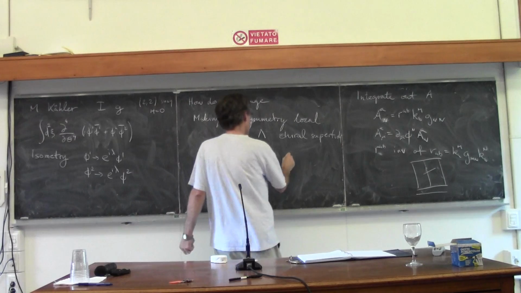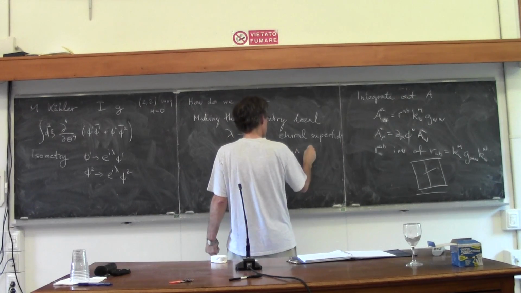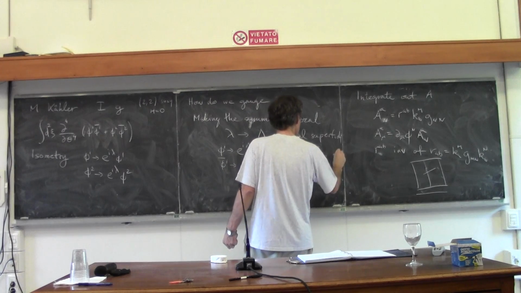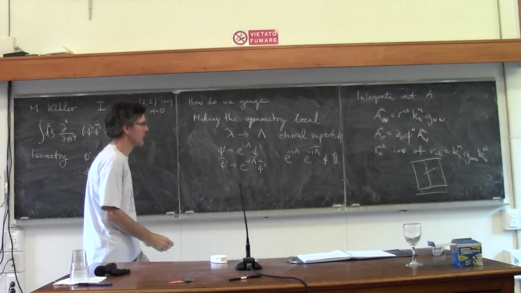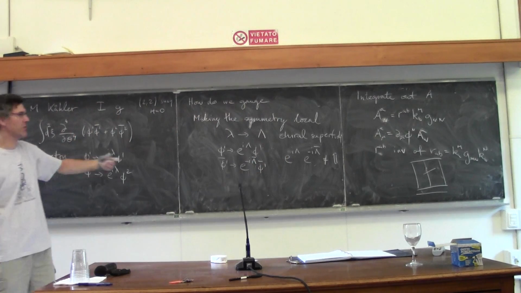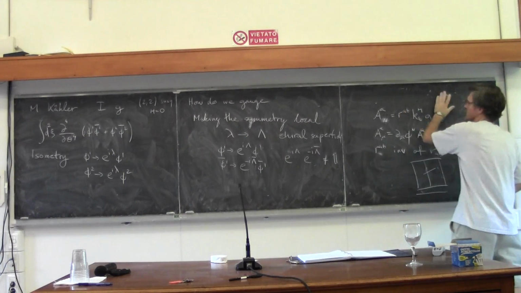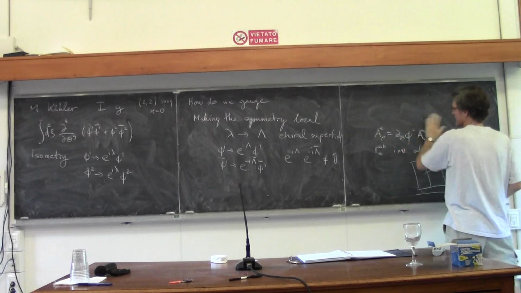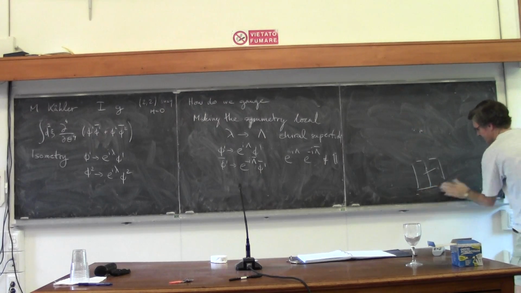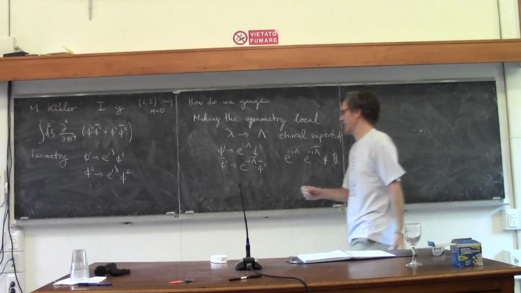So e to the minus i lambda times e to the minus i lambda bar is not 1. So when I make it local, the action is not invariant anymore, as it should be. So now we need to make it invariant again.